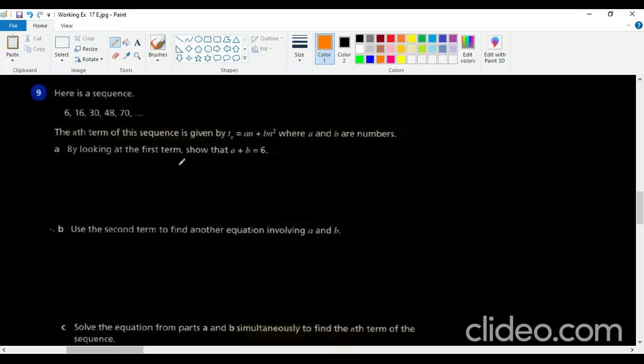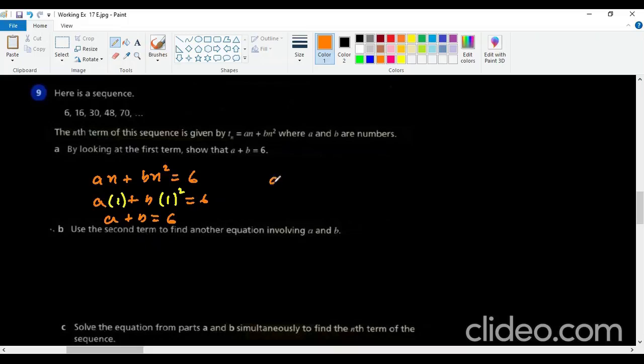That means over here, an plus bn square equals the first term, which is 6. If I put a plus b, and in place of n I write 1, and 1 square, equals 6. That means a plus b equals 6, which is proved.